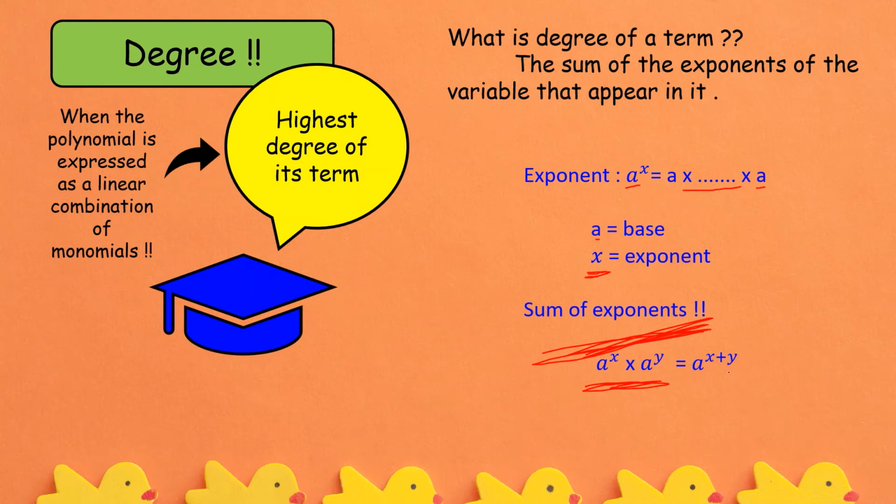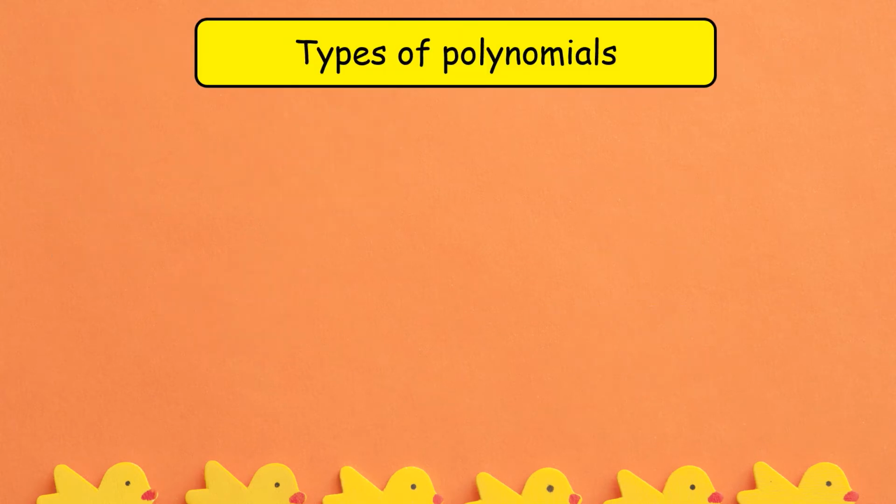So if you look over here, a power x and a power y are two different terms, but they have the same base with different exponents. As the base is the same, you write a power x plus y. So the exponents are summed over here. I hope you guys are clear with degree.